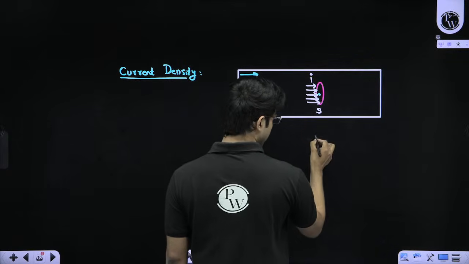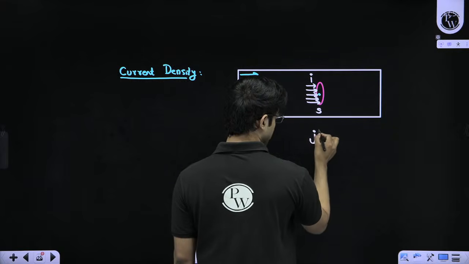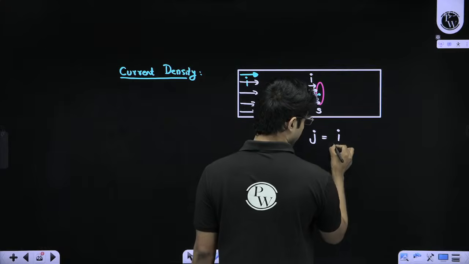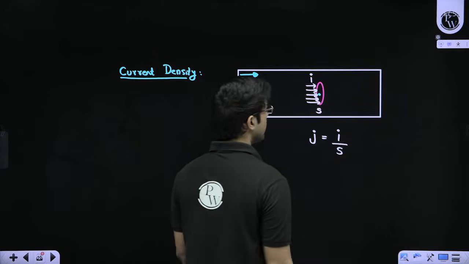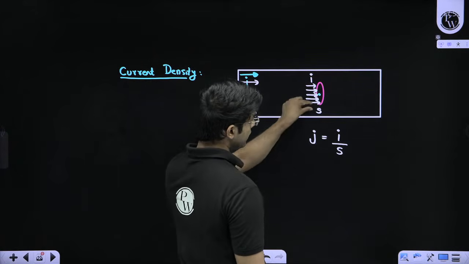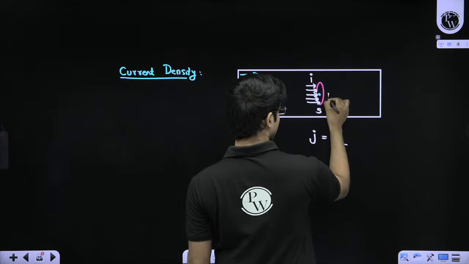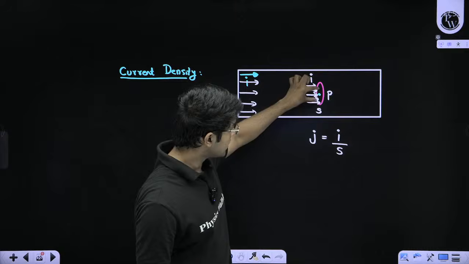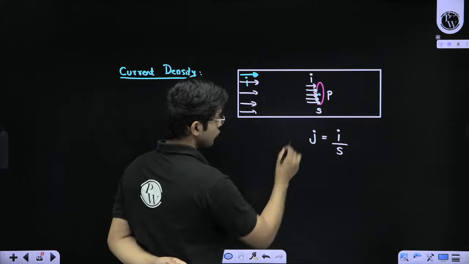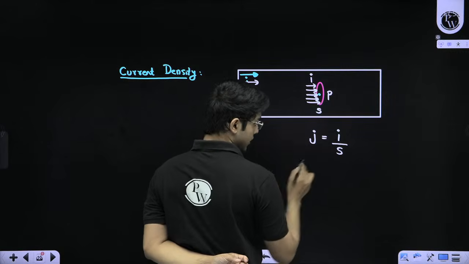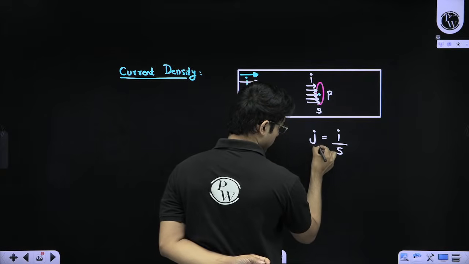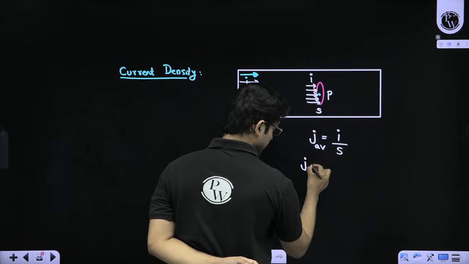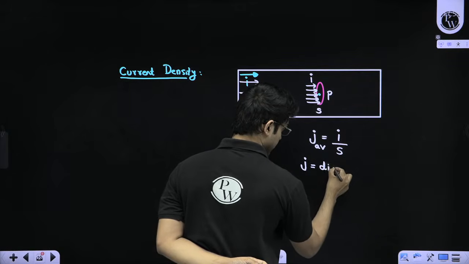Then the current density, we use the symbol J for that. It is defined as the current I divided by the area of cross section S. Now as I said earlier, we define current density at a point, so we choose a very small area of cross section. So it's not I and S, it should be di and ds. This I will write as the average current density. The actual current density will be di by ds.